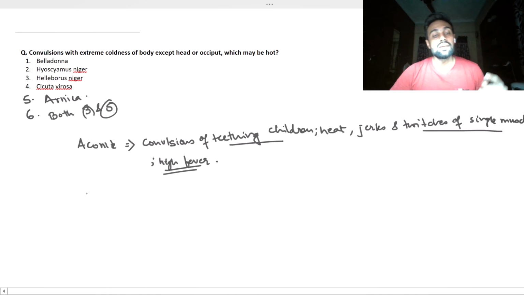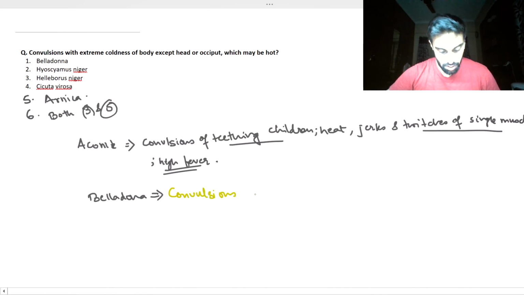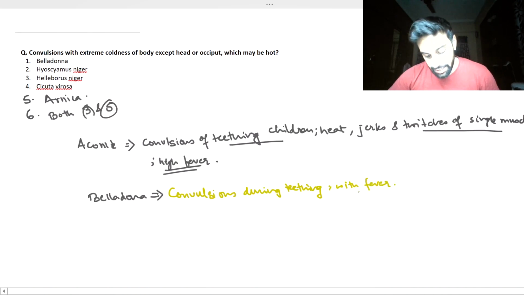Okay, now let us see what is the convulsion symptoms in belladonna. So in belladonna, it is written convulsions during teething with fever. Come on suddenly, head hot, feet cold. Now convulsion with fever, convulsion of teething children.